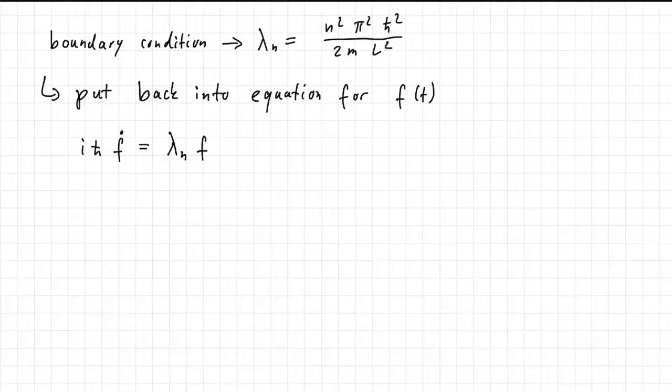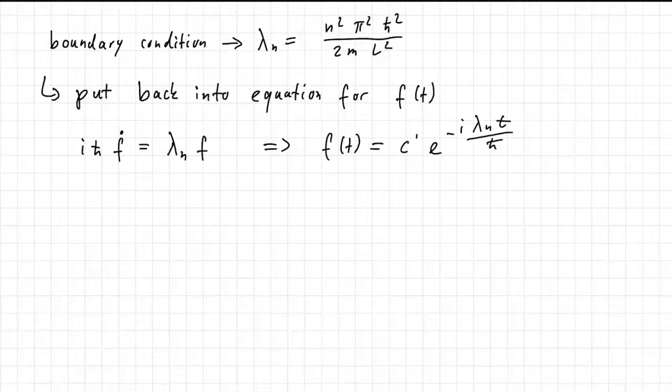So this gives us simply that f of t equals some coefficient c prime times e to the minus i lambda n t divided by h bar.